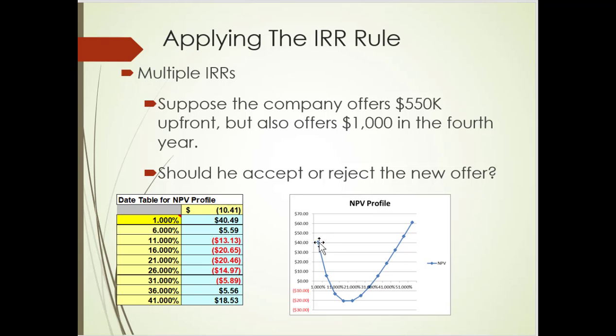We find that we get a curvilinear function, but it is a curvilinear function that crosses the zero axis twice. It's this cup-shaped curve. Instead of being downward sloping like this, it is this cup shape, which tells us that, and I don't know that I've mentioned this earlier, in the net present value profile, the internal rate of return is identified where the curve crosses the zero axis.